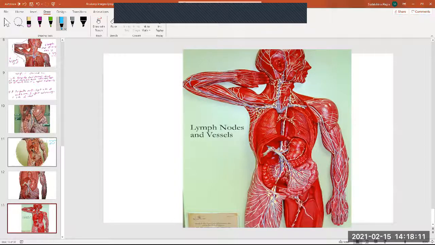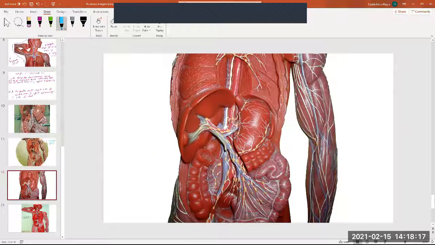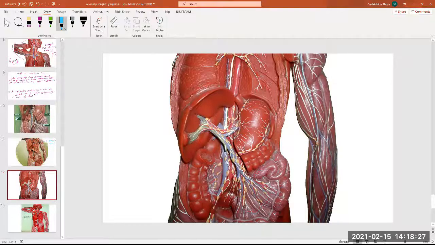Let me see if I can see something where you can watch all of this. Okay. It's kind of hard to find a model that will show the image. So basically, these are the images of our lymphatic system model. So what you're looking at here, this one, this is the left lumbar trunk.